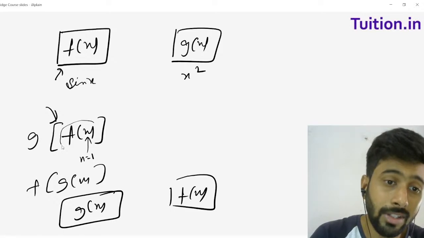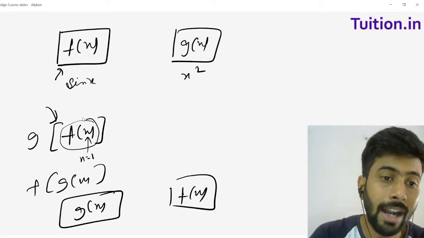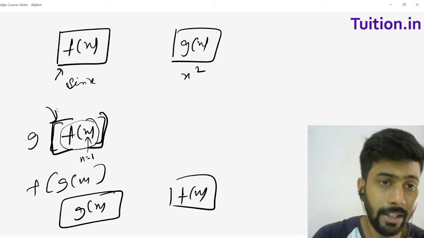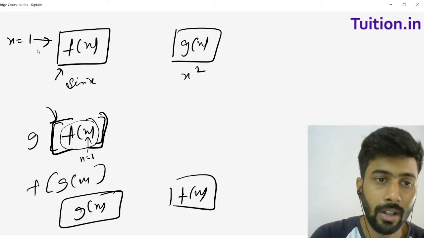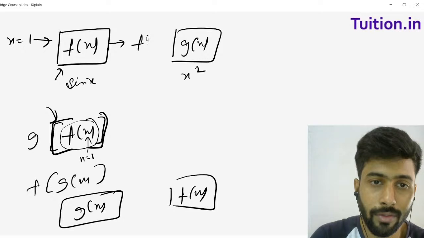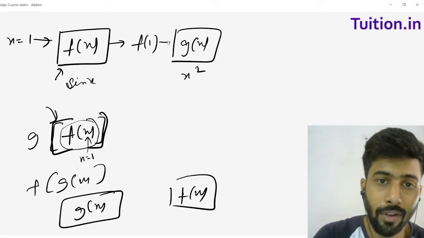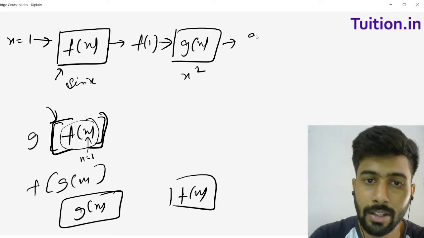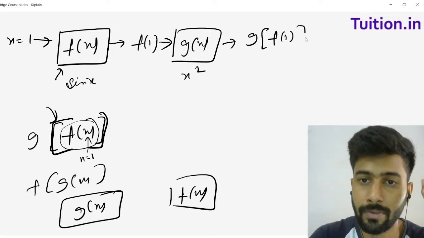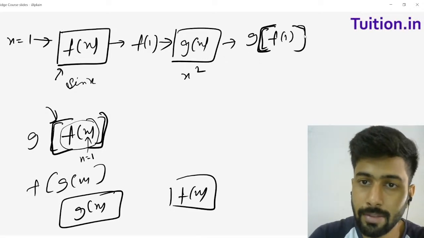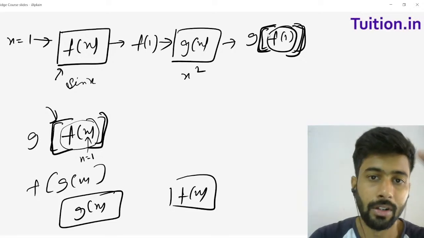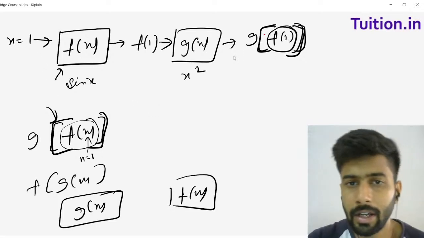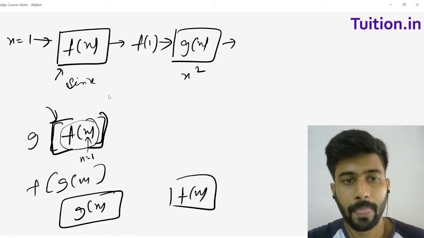So f of x will first release an output, and that output will act as the input for g of x. Getting it? So you give x equal to 1, first f of x will release your f of 1, and then that f of 1 will go into g of x. So finally you will get g of f of 1 as output, right? Inside this square brackets, I will have the input to g of x. Is this clear? I hope this is clear at least first.